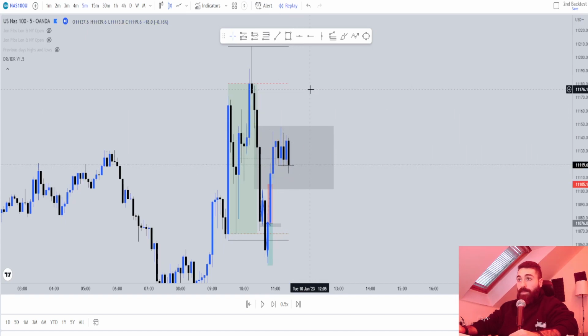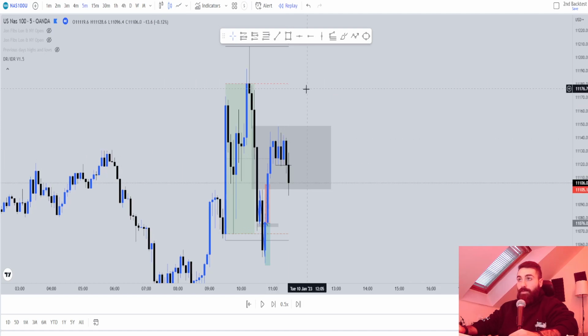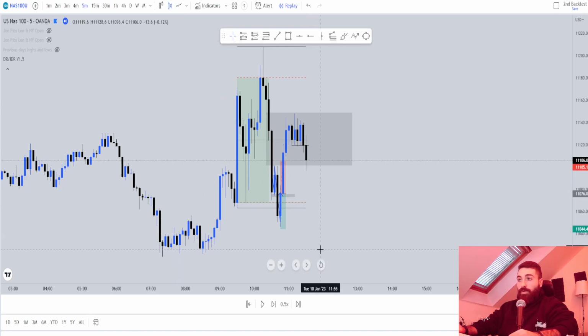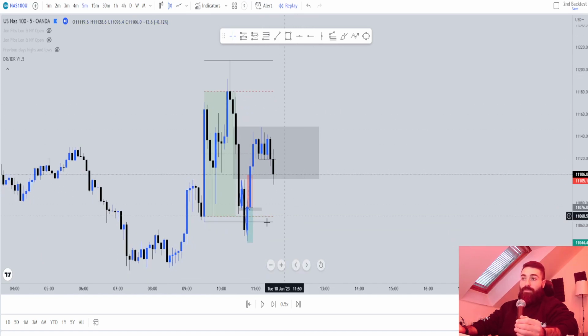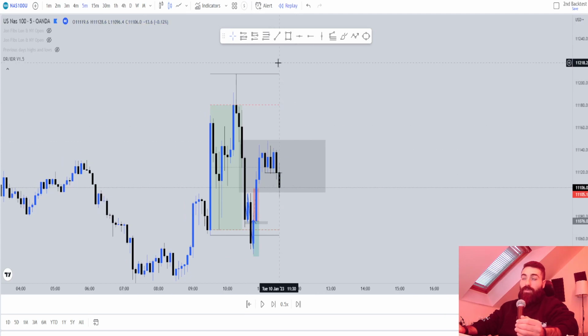Okay, we need the price to go below this area, and we do. If we want to go lower, okay, we should not go above this, as the DR concept is. If we close below, then we should not go above it.